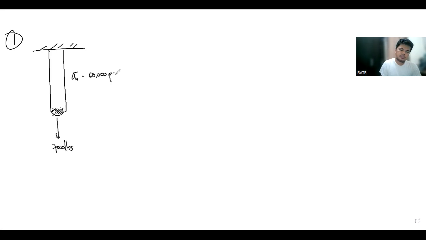By formula, the normal stress, 60,000 psi, pounds per square inch, is equivalent to force over area, so that's 7,000 pounds per area.